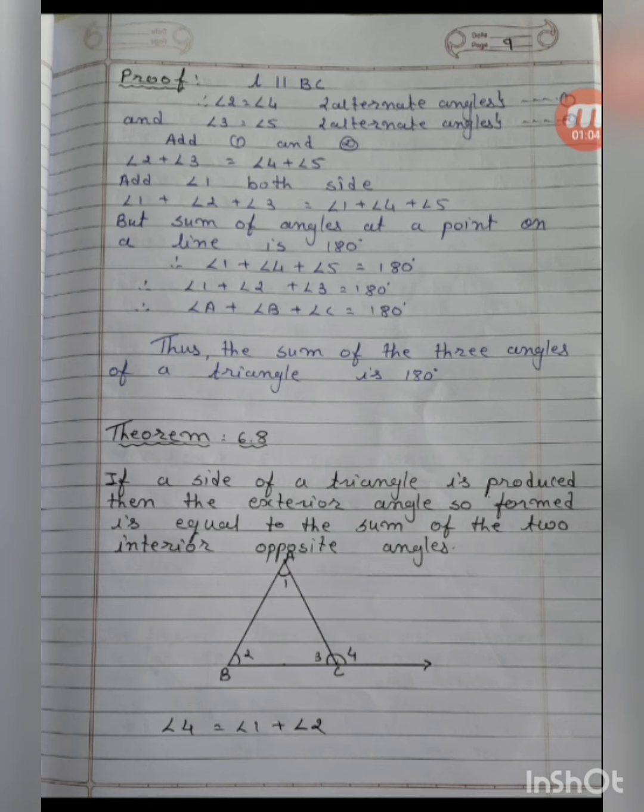Now the last theorem, theorem 6.8, and this is a very important theorem. We use this theorem in so many sums, but we have to understand it here without proof. If a side of a triangle is produced, then the exterior angle so formed is equal to the sum of the two interior opposite angles.